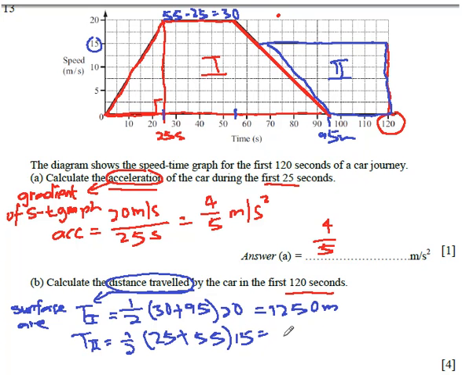So here we have about 600 meter. So when we add them together, we have 1850. So the answer is 1850 meter.